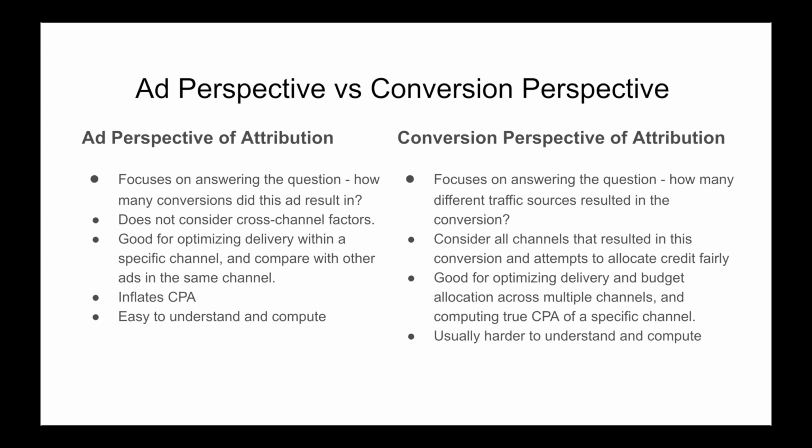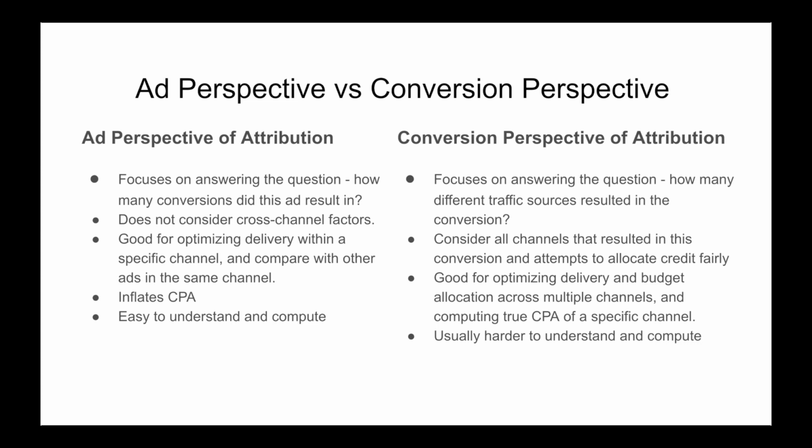It is very good for optimizing delivery within a specific channel, but it's really bad at optimizing across different channels. And because it focuses on each individual ad from different platforms and each individual ad is trying to take as much credit as possible, your CPA is usually inflated. By that I mean your CPA will be lower than what it actually is.